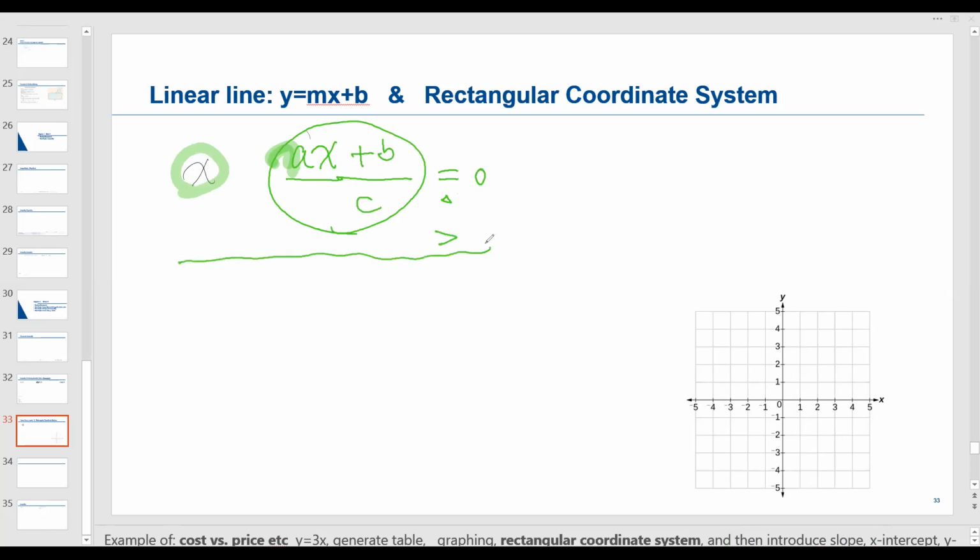But now we will be talking about two variables. This is only one variable. So right now we will be introducing two variables.